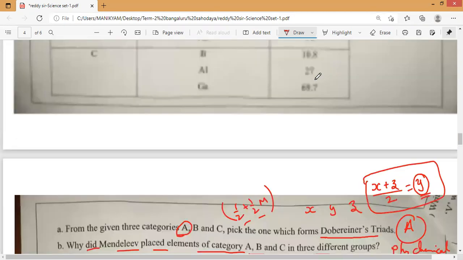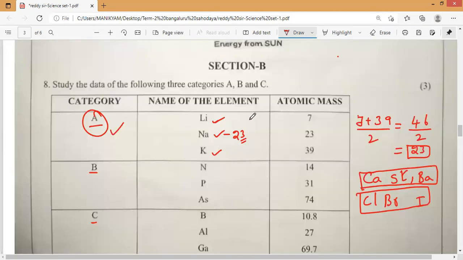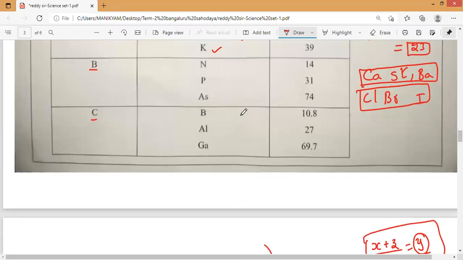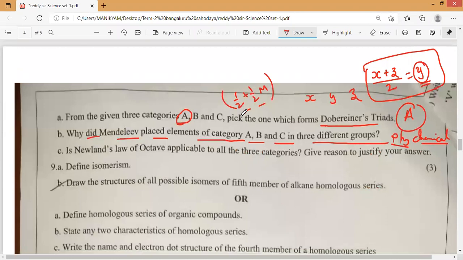If you take lithium, sodium, potassium, the chemical and physical properties are different. Next nitrogen, phosphorus and arsenic are different. Next boron, aluminum, gallium are different. That is why he placed them in different groups, because of different physical and chemical properties. If they react with oxygen or hydrogen, different oxides and hydroxides are formed. Yes or no? That is the reason.